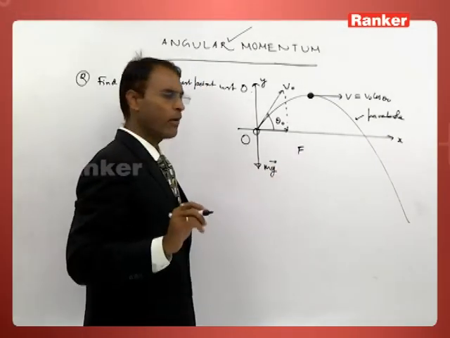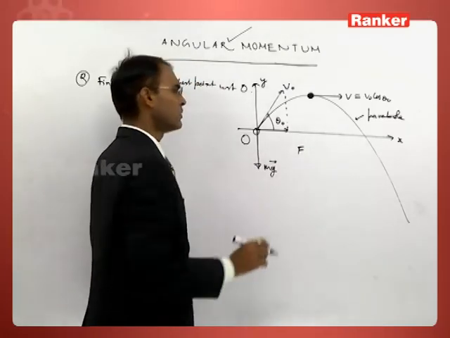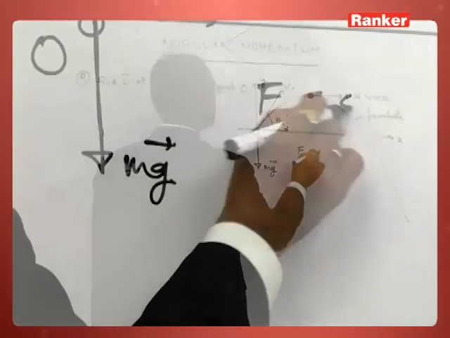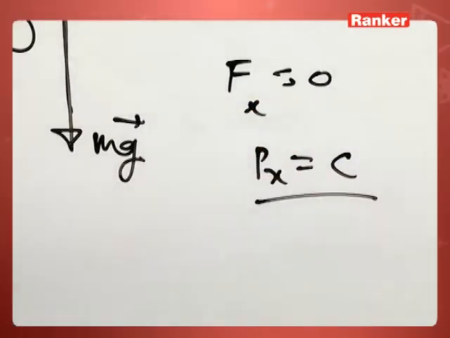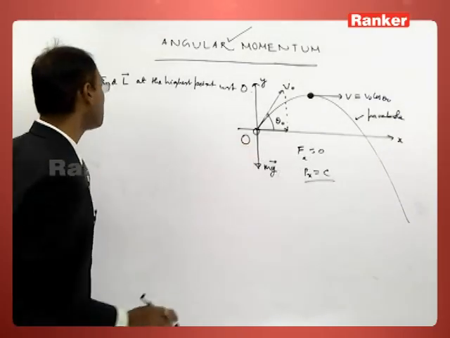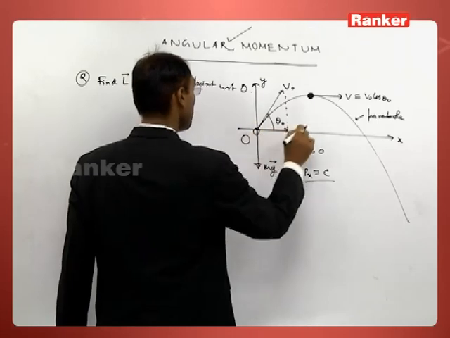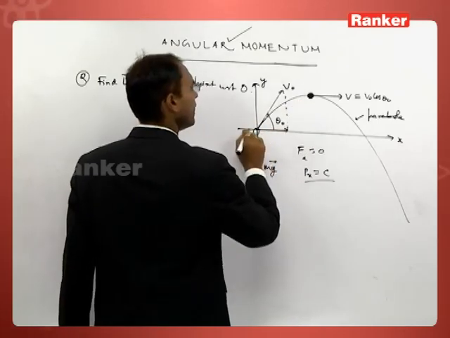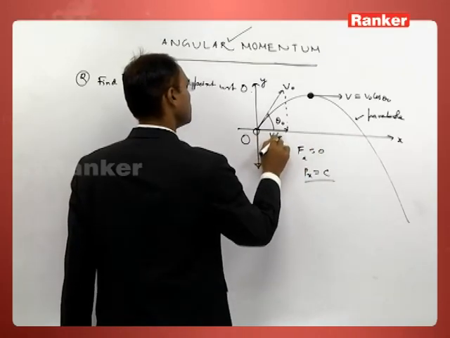Assuming no air resistance and no other force along x direction, its momentum can be conserved along x direction, conservation of linear momentum. Using that principle, the linear velocity of the particle along horizontal direction remains constant.